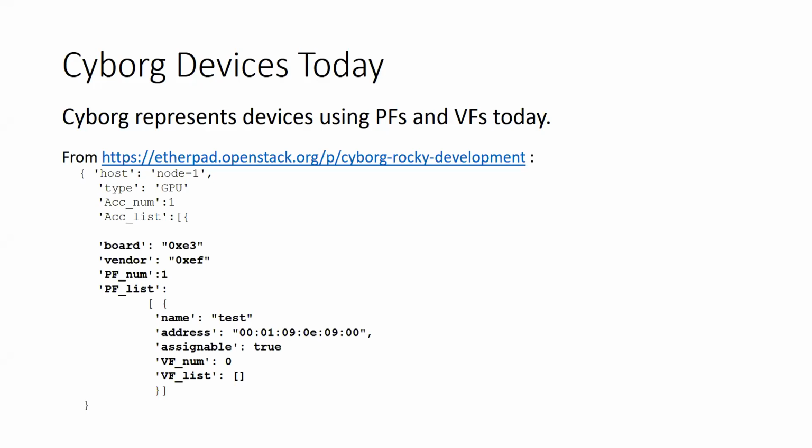It can be PCI or MDEV, and the address field can be the UUID or the PCI address. But I'm confused if we use the address to represent all the PCI addresses and the MDEV UUID. I don't know how to name the address field.